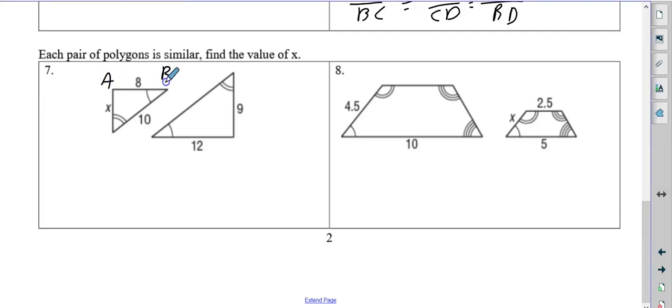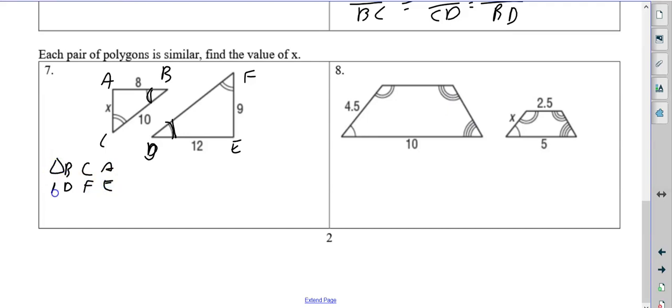So I have A, B, C, D, E, F. See how B has one mark on it? And D has one mark on it? That means B and D line up. And C has two marks on it, and so does F. And then A has nothing, and E has nothing.